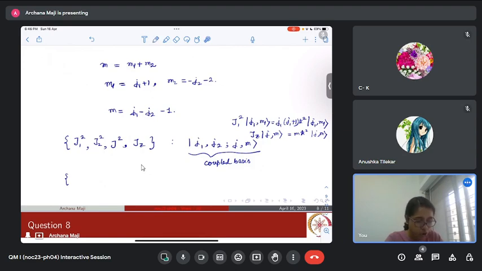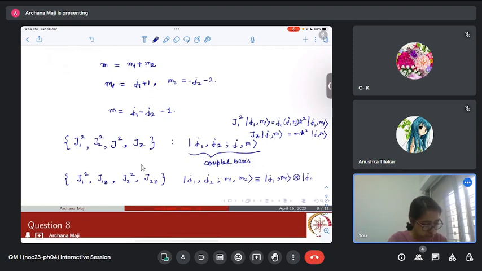And another compatible set, by compatible I mean all of them commute with each other. Another, we can take j1 square, j1z, j2 square, j2z. So the corresponding state is |j1 j2 m1 m2>, and that is nothing but equivalent to |j1 m1> tensor product |j2 m2>.